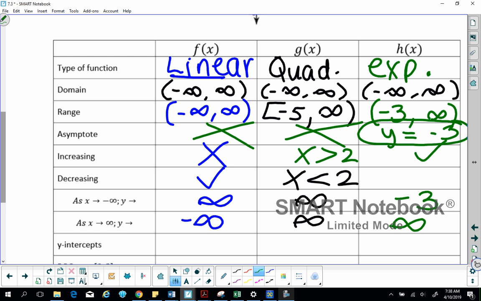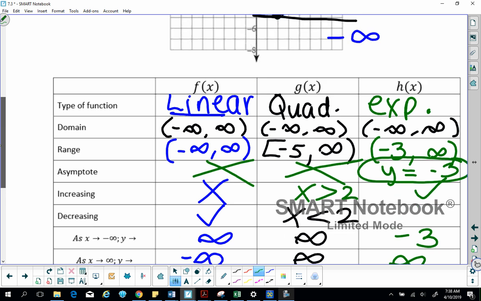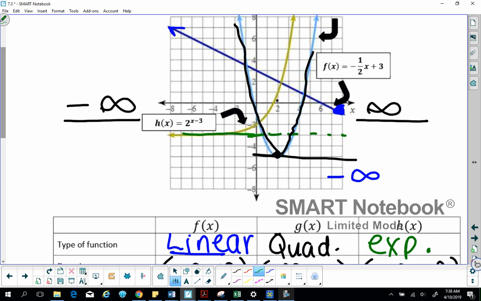All right, y-intercepts. It's just where it crosses the y-axis. So which one's the linear y-intercept? What is that? Good, (0, 3). I'm just going to write it right here so I don't keep going up and back. What about the quadratic? Where's that one? -1.